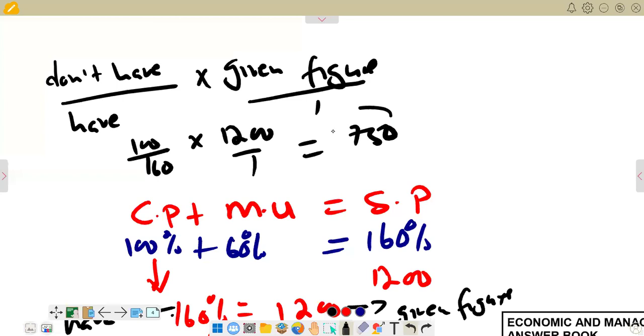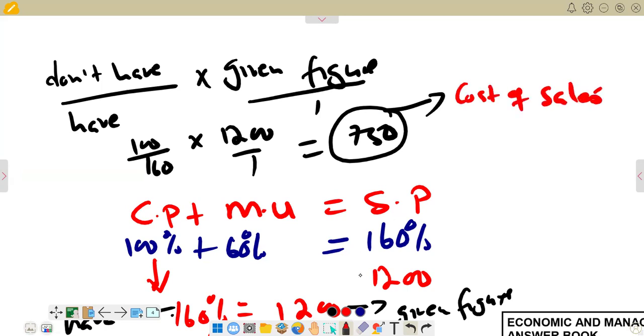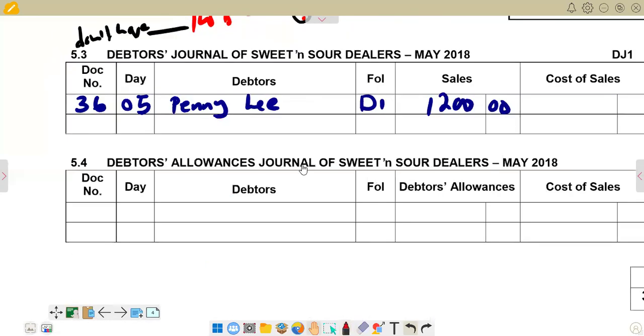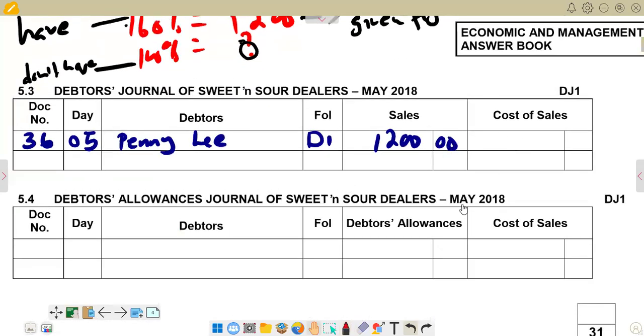So this is the cost price, or the cost of sales. So we're just going to put our 750 representing our cost of sales. If you come here, we put a column for cost of sales, and we put 750, and then obviously we have no cents here, so we can just put it as such.